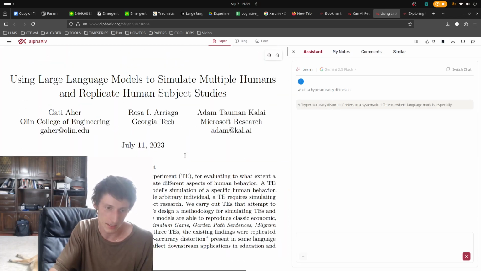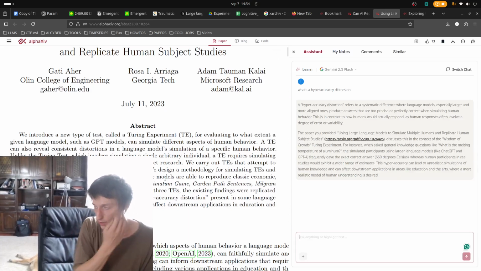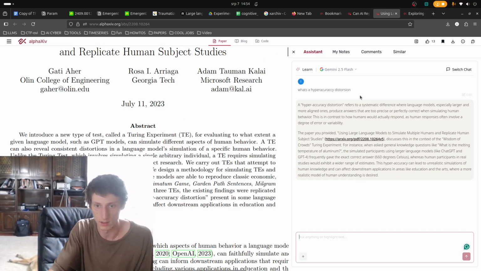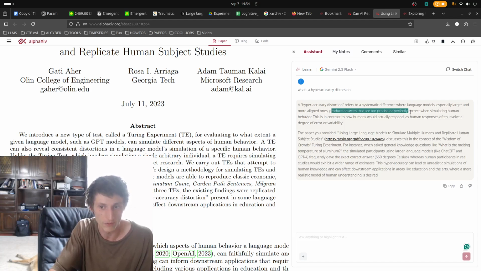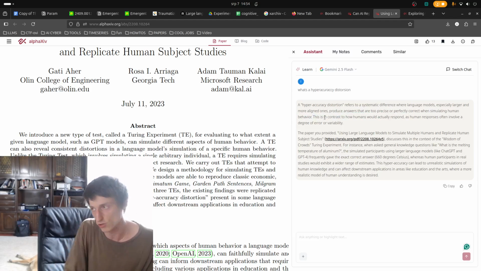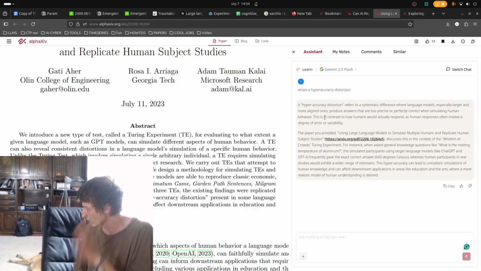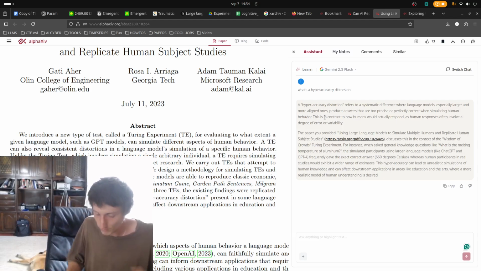But basically, it's saying that these models produce answers that are too precise or perfectly correct when simulating human behavior. These models are essentially world models.